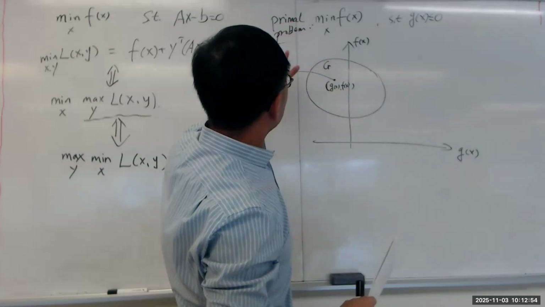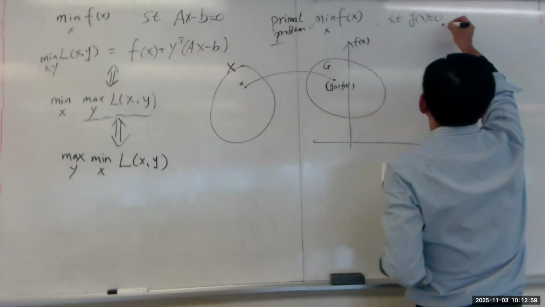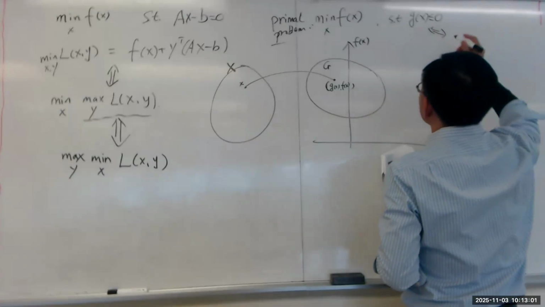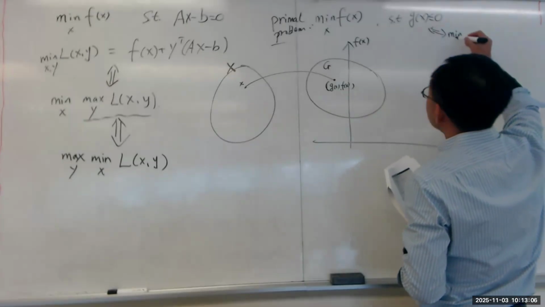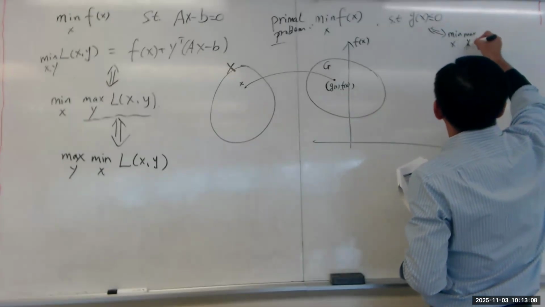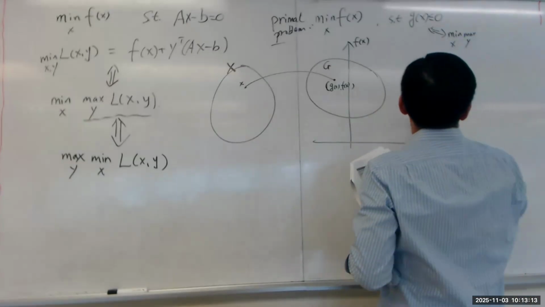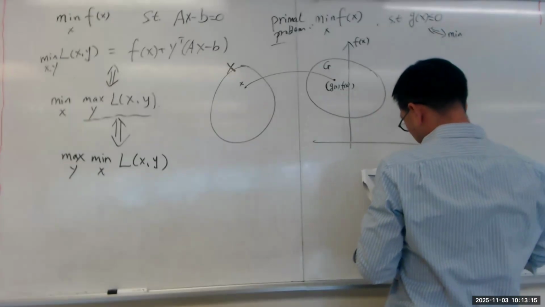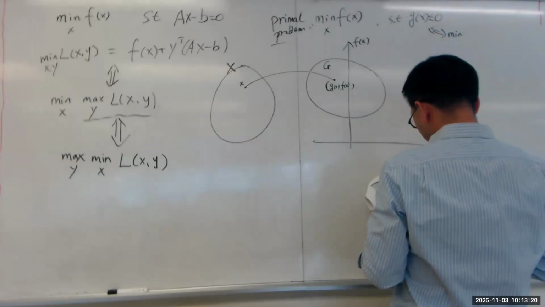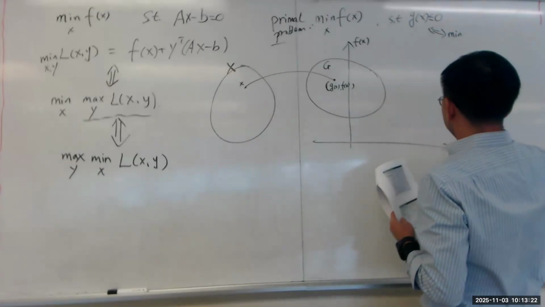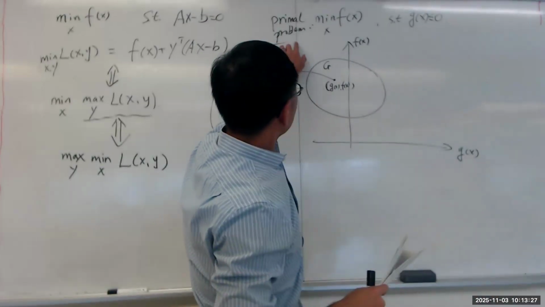The primal problem is that we want to minimize f(x) subject to g(x) less than or equal to 0, which we just said. This is equivalent to the minimax problem.